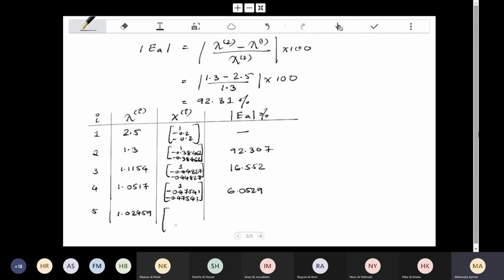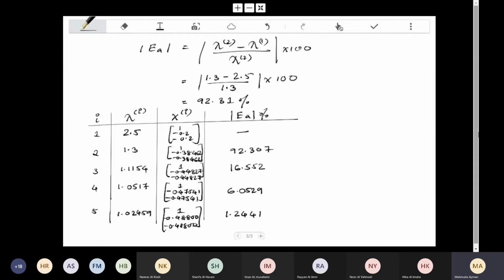And now for the fifth i, we have the eigenvalue to be 1.02459 and the eigenvector is 1, minus 0.48800, minus 0.48800, and the error percentage is 1.2441.